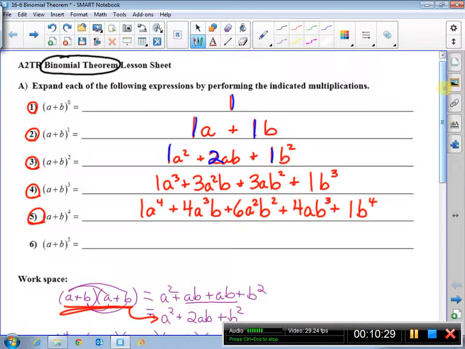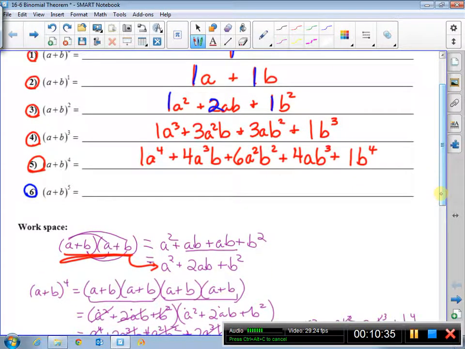So if I want to do a plus b all to the 5th, we're not expecting you to FOIL out and do all this work, although we do love work. What we're going to expect you to do now is see patterns in these values.